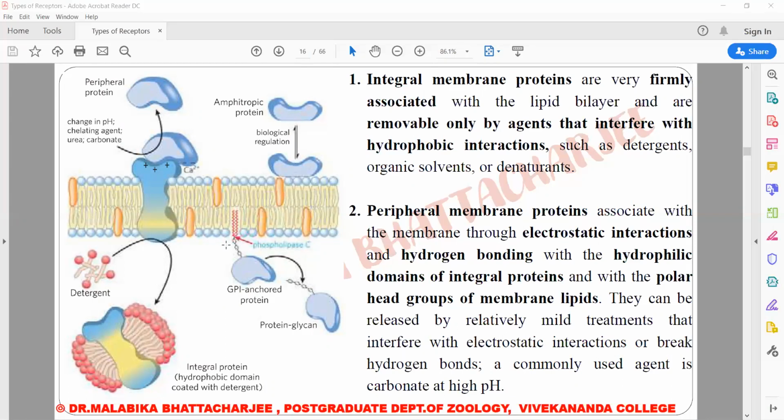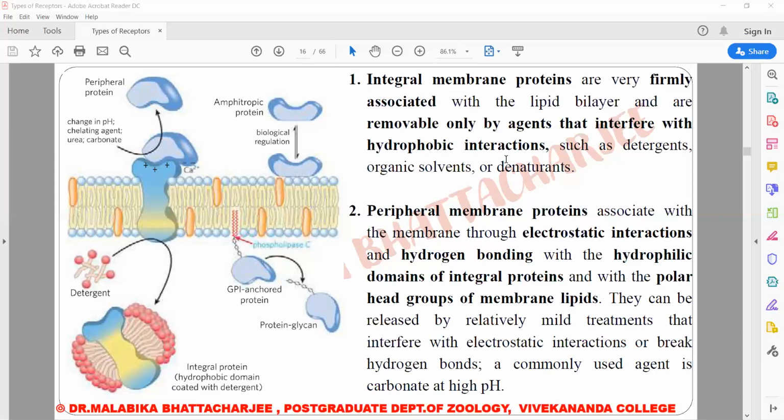So that is an amphitropic molecule. So the protein molecule, if needed, can remain attached to the membrane, or at times the protein molecule can come out of the membrane.